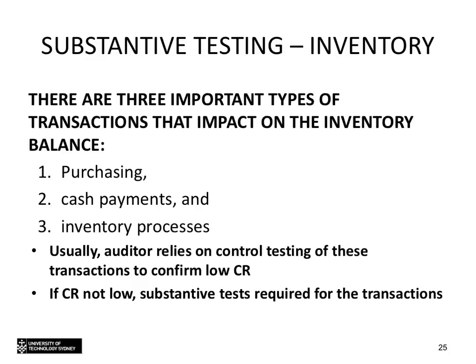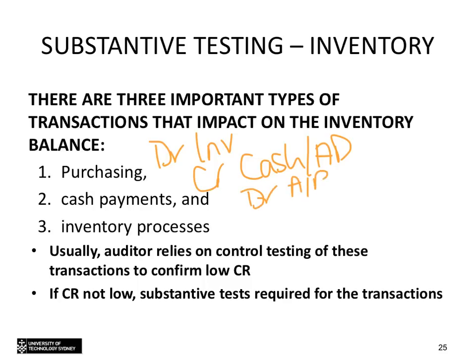Of course, we have some journal entries that come into play because when I buy inventory, I debit inventory, credit cash or accounts payable. When I pay for my inventory, obviously I debit accounts payable, credit cash.